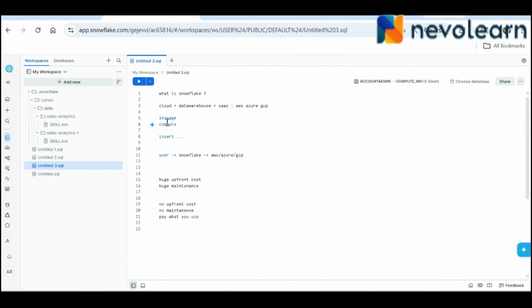What Snowflake does is take the services from these cloud providers and fulfill our requirement without any complexity. Directly you can go to the AWS, Azure or GCP account and take the same thing from there. But in that case, you have to handle the storage separately and the compute separately, and that will increase the complexity.